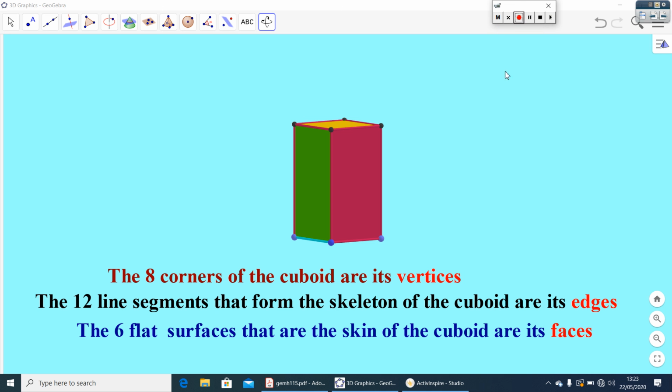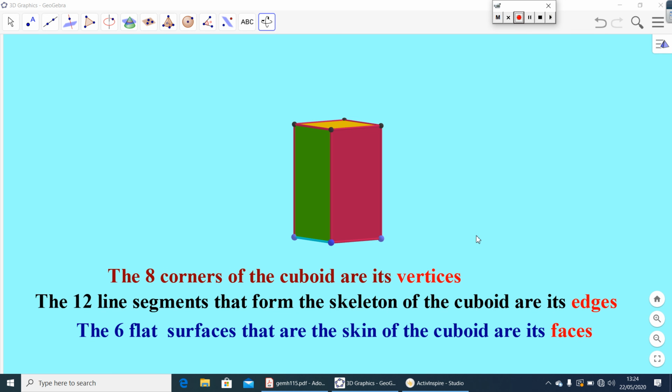So the 6 flat surfaces that are the skin of the cuboid are its faces. So in short we can write, for a cuboid there are 8 corners, 12 edges and 6 faces.